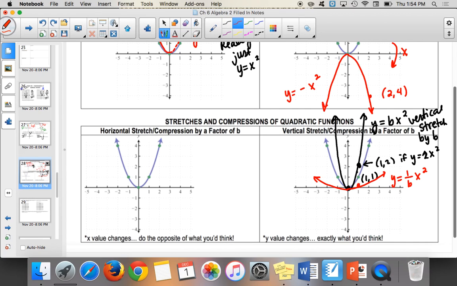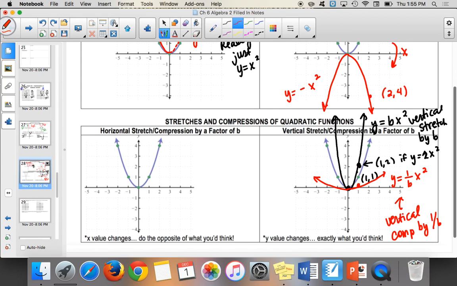And then if you have a 1 over b out front, like a 1/2, 1/3, 1/4, any number less than 1, so you could even have like 2/5, this is a vertical compression or shrink. So compression by 1 over b. Okay. So we're going to do some examples, so don't freak out right now.